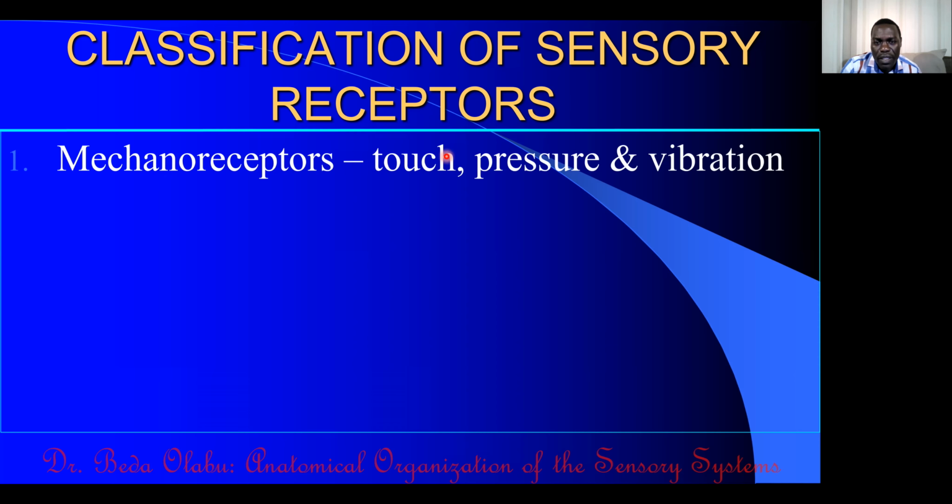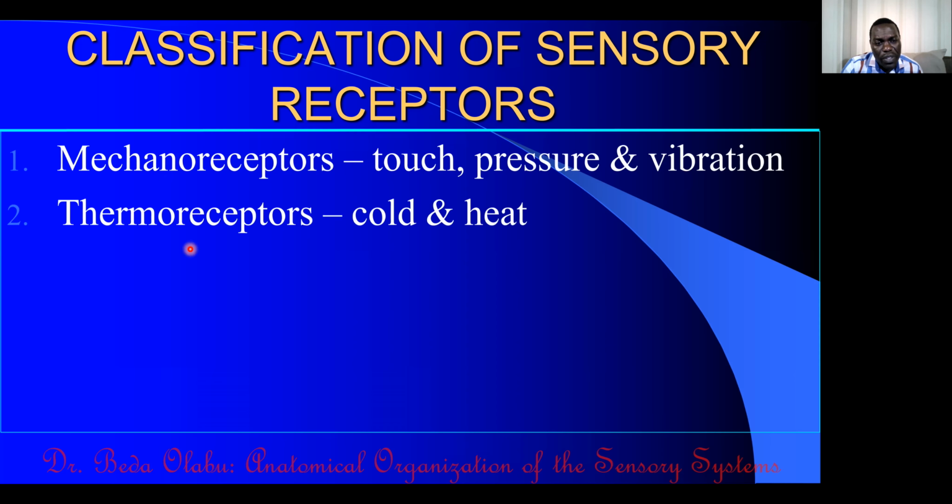So things like touch, receptors for touch are mechanoreceptors, receptors for pressure are mechanoreceptors, receptors for vibration are mechanoreceptors. We can also have thermoreceptors, which means they are stimulated by either cold or heat.